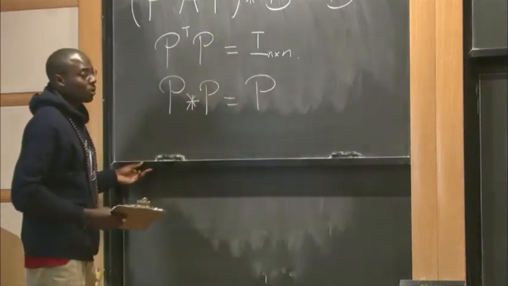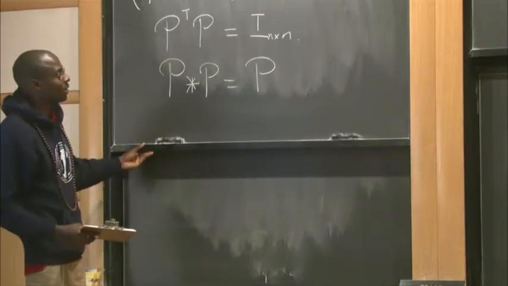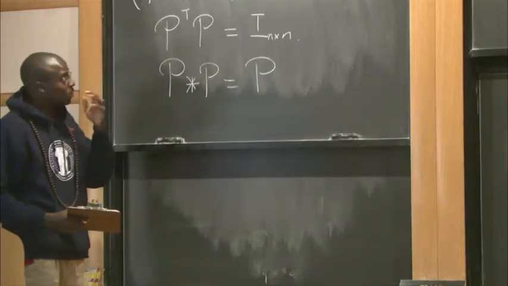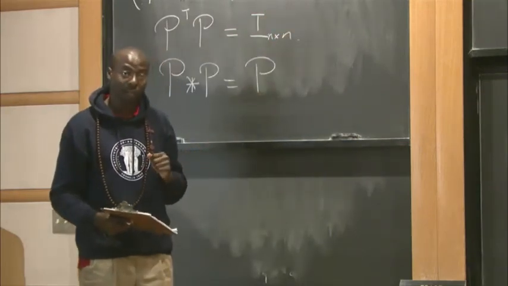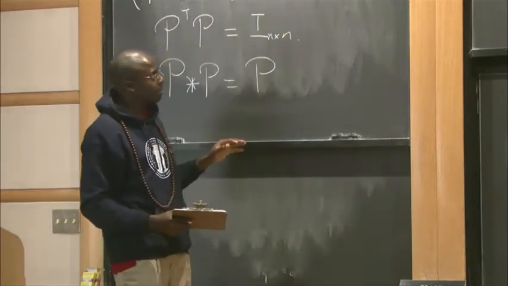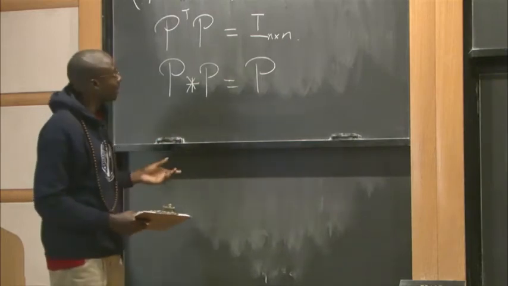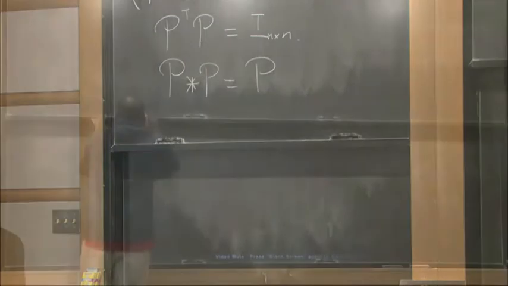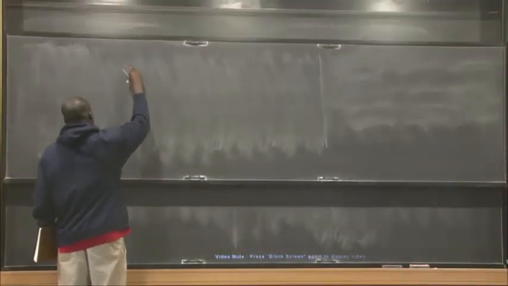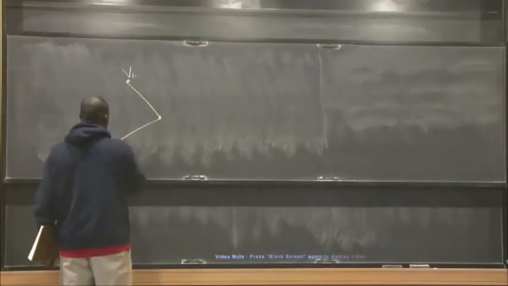For those of you who like to hang on to a geometric picture, you should think of A and B as adjacency matrices for graphs. So these are graphs between n vertices. And I can draw one for a concrete picture. Vertex 1 connecting to vertex 2.